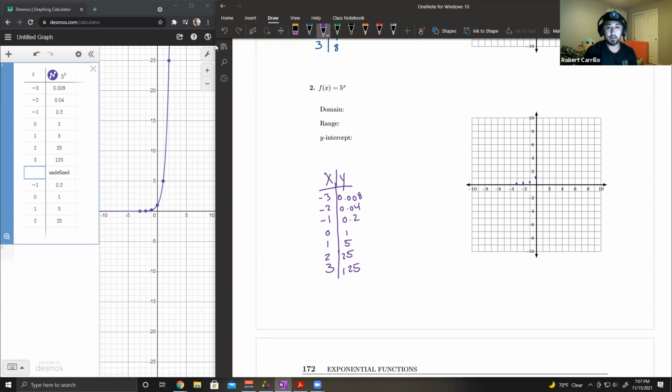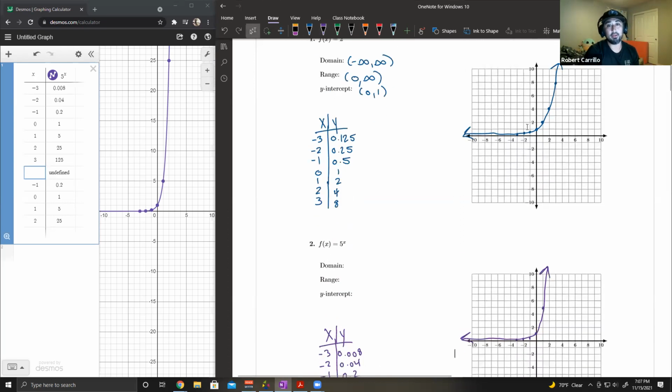At 0, you're at 1. And at 1, you are at 5. So here's what our graph looks like. It comes from the left and shoots upward, just like the last one. This one looks a little steeper than the one above it.